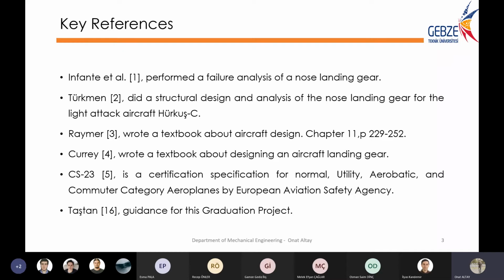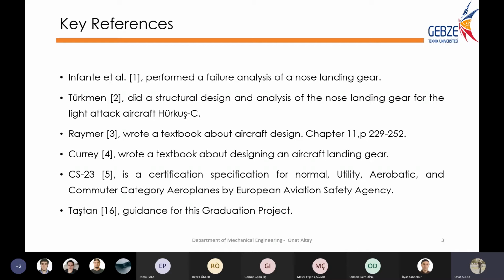In my project, these are the key references that helped me a lot to understand the concept and standards. Infante performed a failure analysis of a landing gear fork, which failed because of fatigue. And Türkmen designed a whole landing gear and performed a computational strength analysis for Hürkuş Type C. And Raymer and Curry wrote a textbook about designing an aircraft.